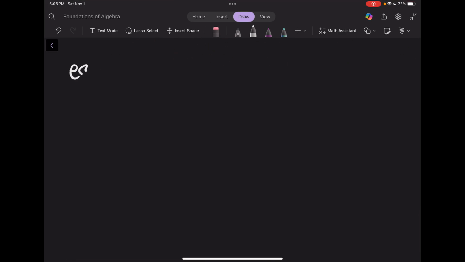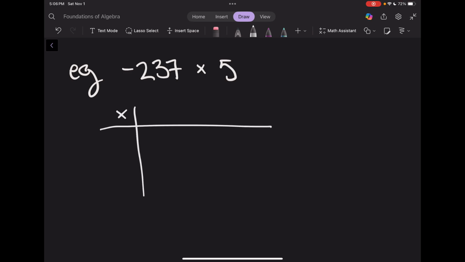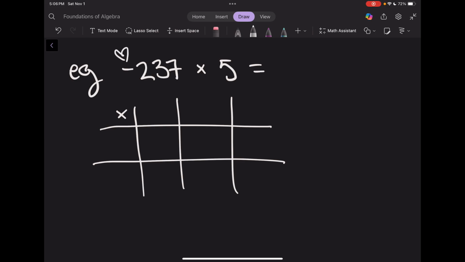When you come across a problem like negative 237 times 5, you can make the area box method and go about it as normal. However, since you have a negative times a positive, you know you're going to have a negative answer, so just put the negative sign there right away.